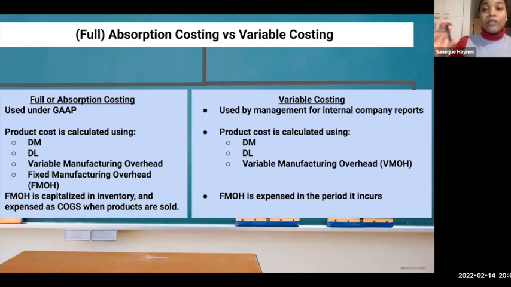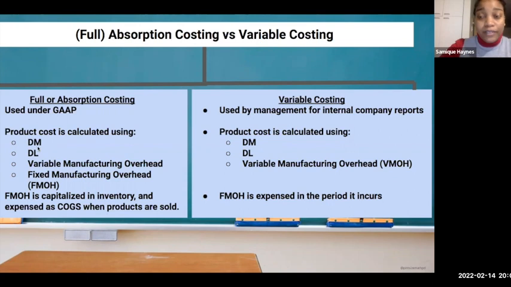We're going to put the variable ones at the top, get our contribution margin, and then we're going to deduct all of our fixed costs together at the end, okay? The full costing or absorption costing is used under GAAP, so that's essential. We need that if you're under GAAP. But for variable costing, it's not mandatory. We're just using it for internal company reports.